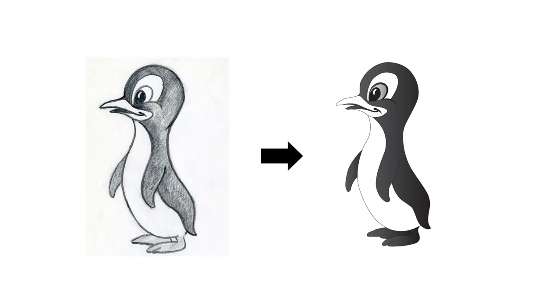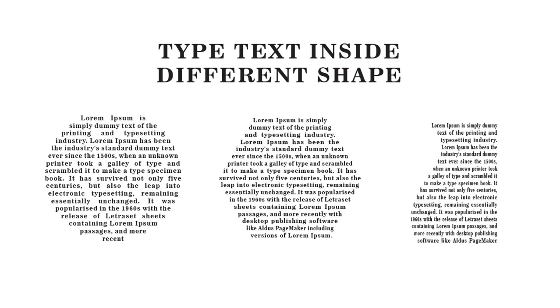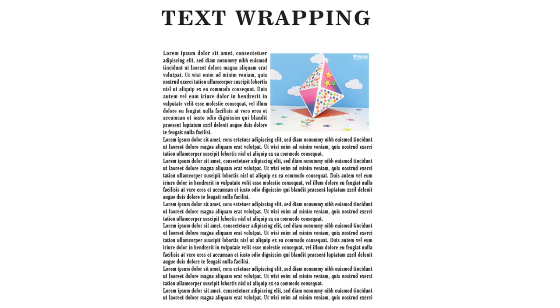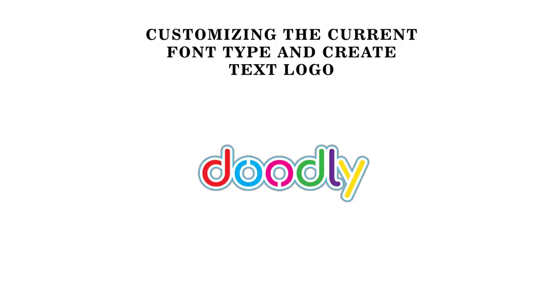Soon after that, you will learn how to work with text objects. To learn that, there are 7 lectures available in this section. Based on that, you will learn how to type text around objects like this, how to create text objects according to specific shapes, how to wrap text around an image, warp style text, creating silver, gold and gradient text, adding bullet points, text logo creations, how to correct spelling errors in paragraphs, and so on.